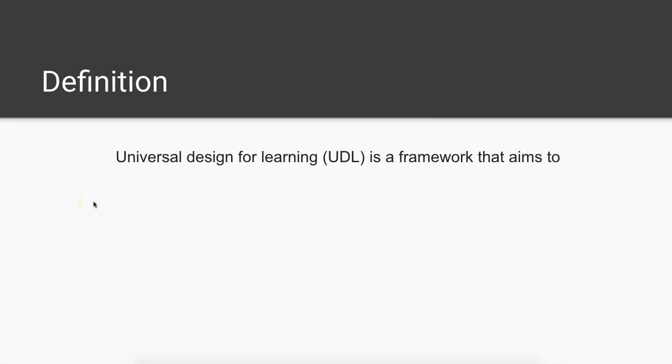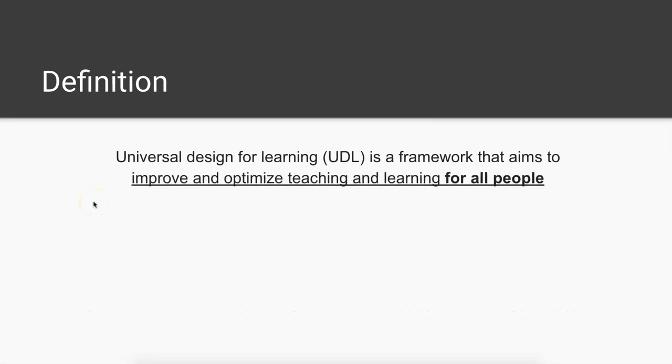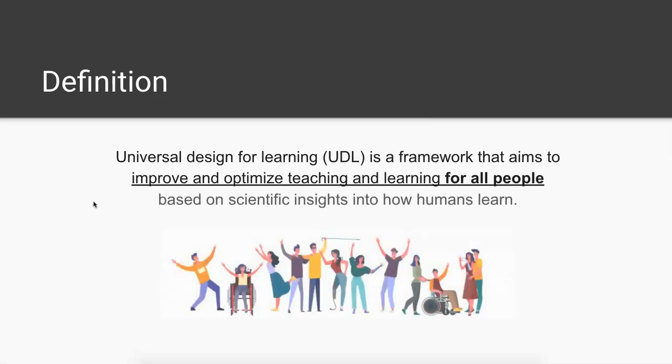UDL is a framework that aims to improve and optimize teaching and learning for all people. And it's based on scientific insights into how humans learn. I've underlined and bolded improving and optimizing teaching for all people because that's really what UDL is aiming to do.